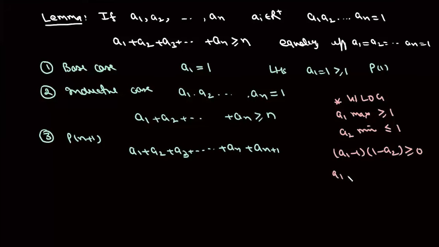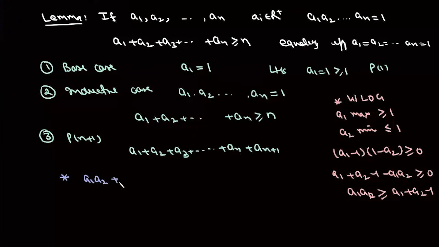So from here we can write a1 plus a2 minus 1 minus a1 a2 will always be greater than or equal to 0. Now to prove this result, what we'll do is we'll take n numbers, and these n numbers are a1 a2, a3, a4 up to an plus 1, and we know that from induction this result holds for n numbers, so it'll always be greater than or equal to n.